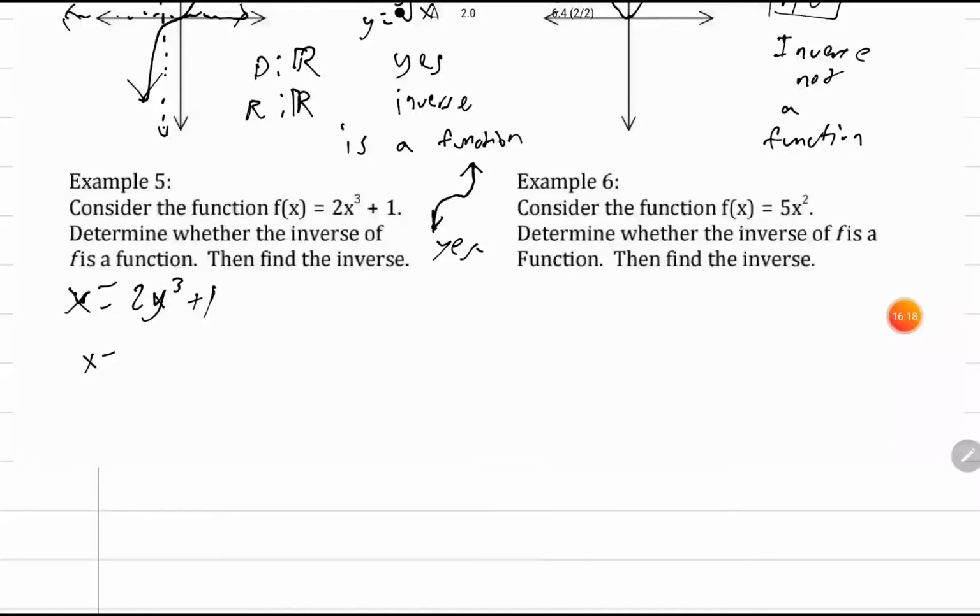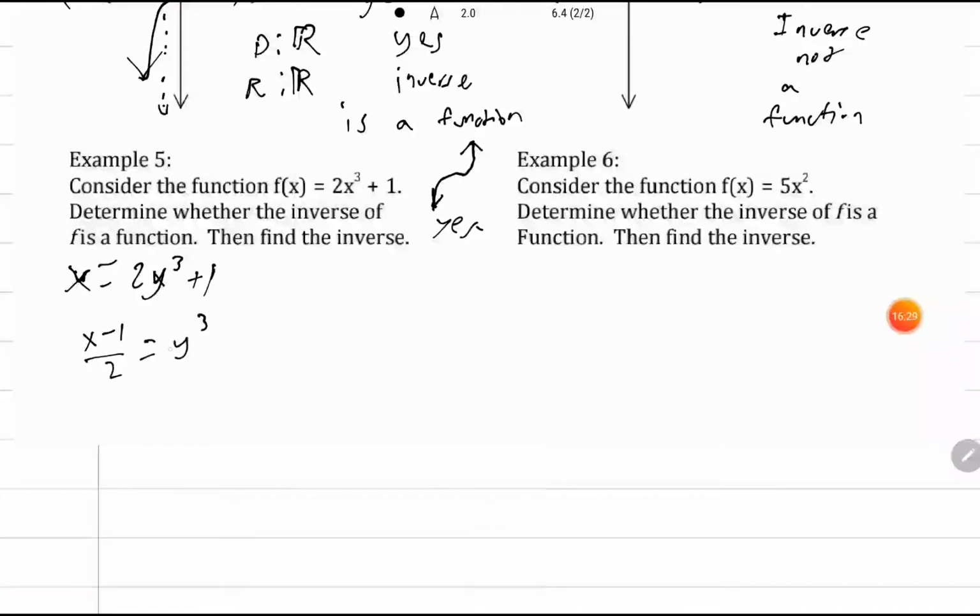So I get x minus 1 divided by 2 equals y cubed. I skipped a step there. I subtracted 1 and then divided by 2. And now I'm going to do the cube root. So the f inverse of x is equal to the cube root of x minus 1 over 2.